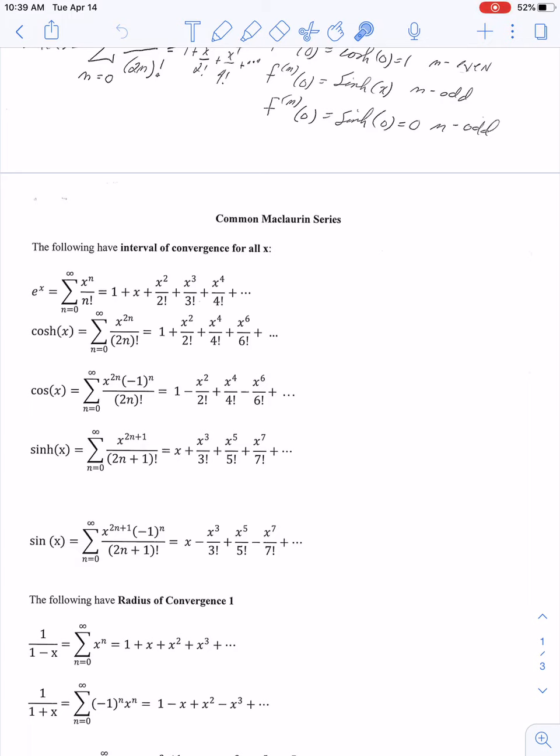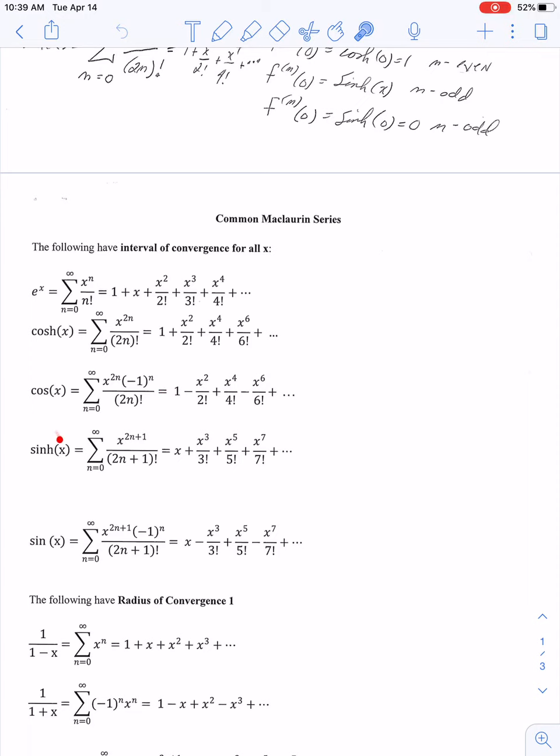It's symmetric with respect to the y-axis. Well, if they're even functions, don't you think it would be common sense that they only have even powers of x?